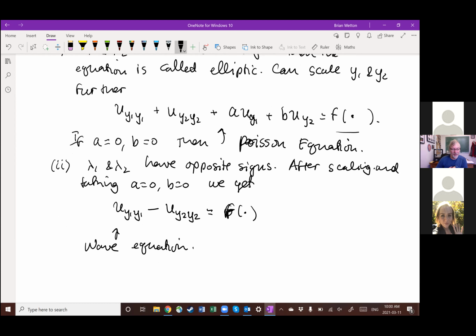So you would want to think of one of those directions as being a time-like direction in this case, and you would give initial conditions. In this case, and we'll see that possibly later today, depending on how the timing of the lecture goes.